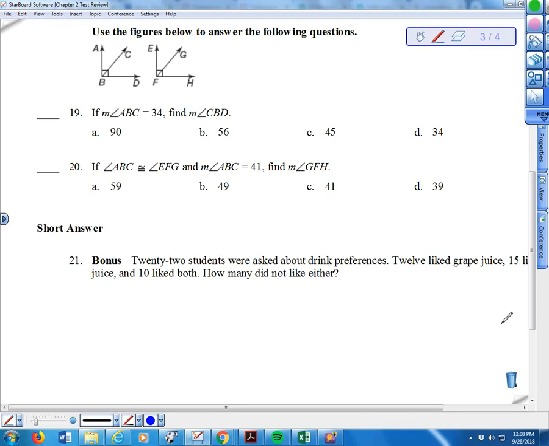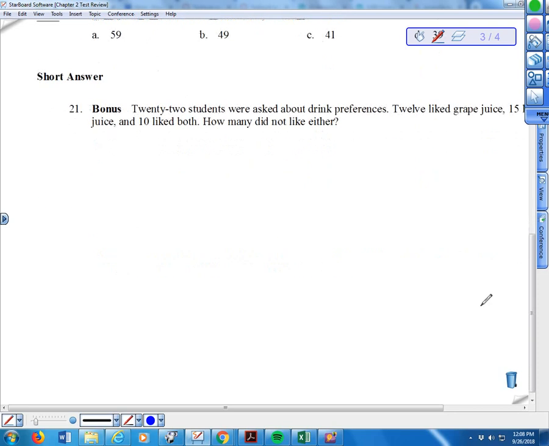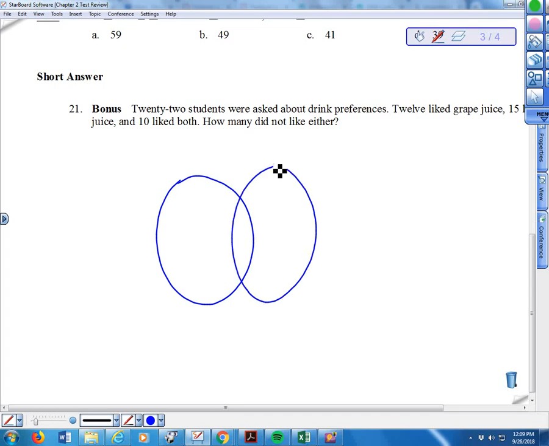The last one, the bonus, actually was Venn diagrams, which we haven't even done, so that's why it's a bonus. But you guys have seen Venn diagrams before, right? Circles. So I've got two circles. 22 students were asked about drink preferences. 12 liked grape juice. 10 liked both.